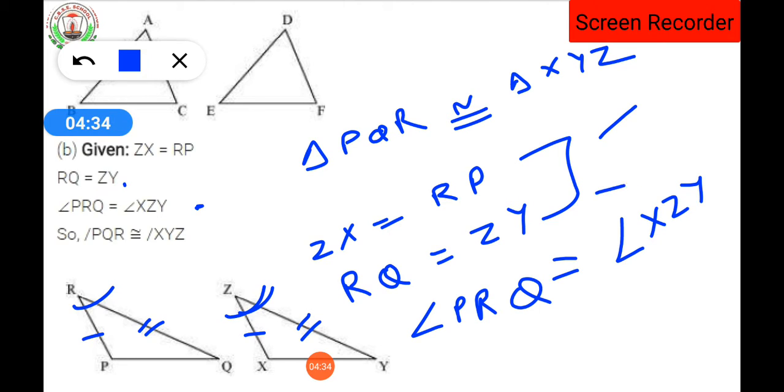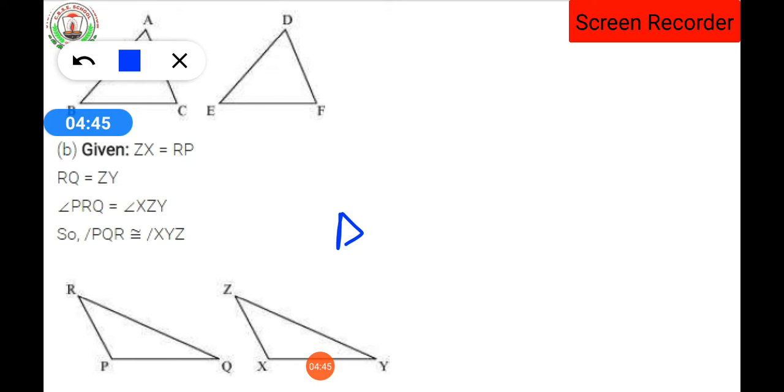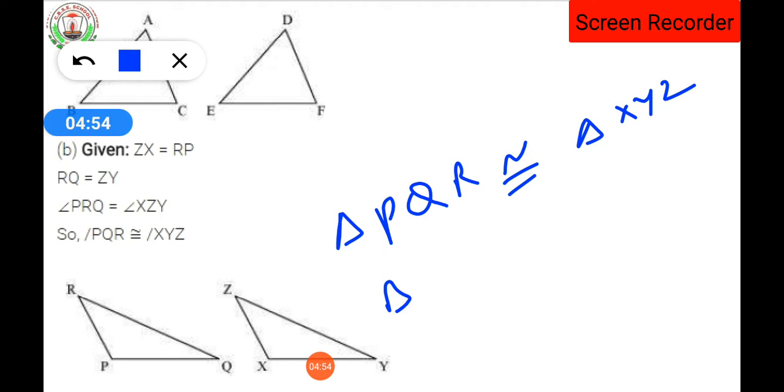This is the first side and this is the second side. Hence we can say that triangle PQR is congruent to triangle XYZ by the side angle side congruence criteria.